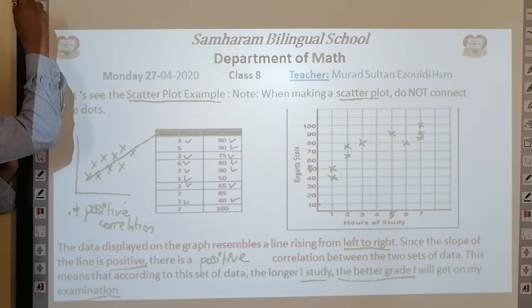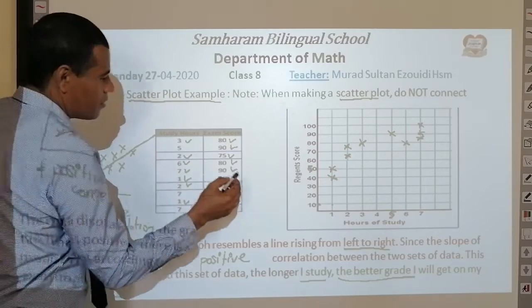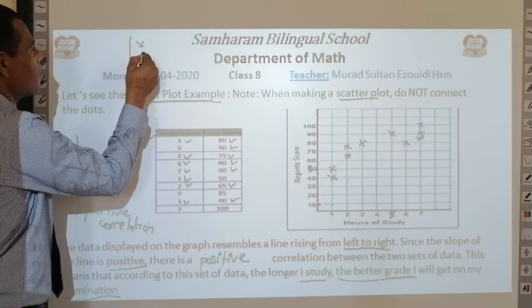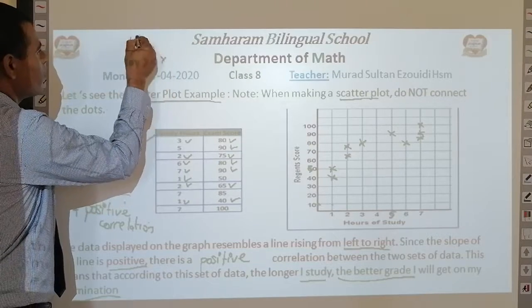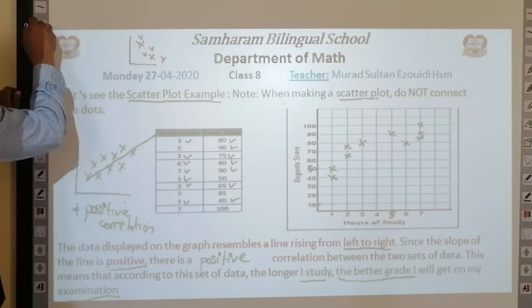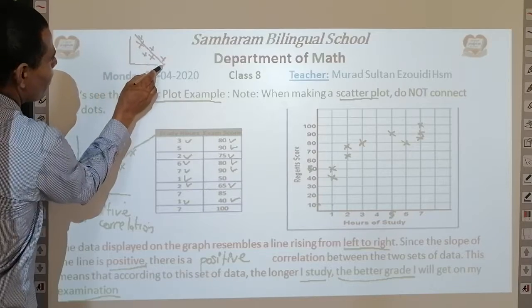If now, for example, we have the opposite way, we have something like that. This is here, this is there, this is there. You can see that the scatter diagram has a negative slope.